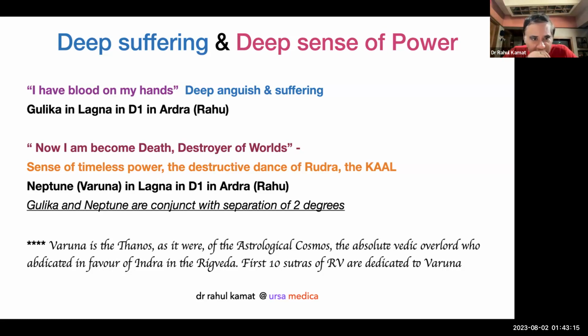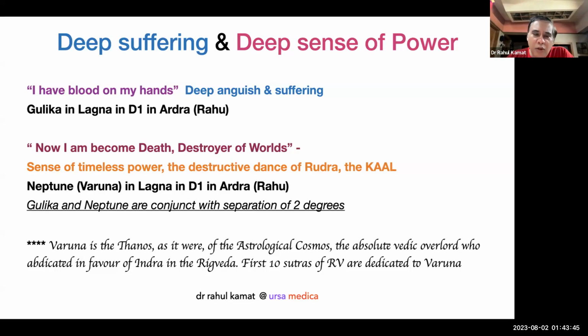And the second thing is, he says, now I am become death, destroyer of worlds. So there is a sense of power also. There is a sense of being Kala, being Rudra, actually. And certainly no wonder that again the nakshatra is Ardra. In fact, there is a separation of only 2 degrees between Gulika and Neptune here. So this is actually in essence Oppenheimer.